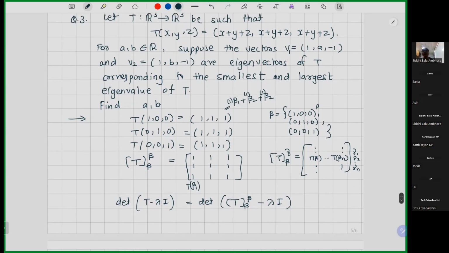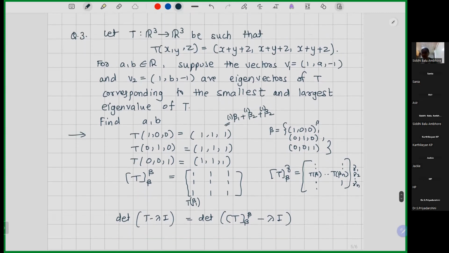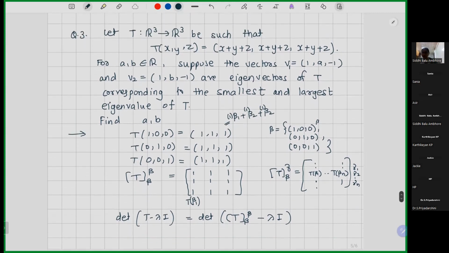First part okay, but when you wrote T beta 1, whether it will be 1 plus 1 plus 1? So now I'm going to beta 2, right? Beta 2 is T of 0, 1, 0. So it is again 0 plus 1 plus 0, comma 0 plus 1 plus 0, comma 0 plus 1 plus 0, which is again 1, 1, 1, right?